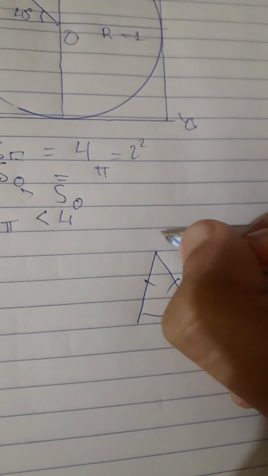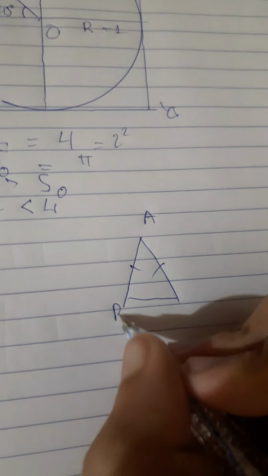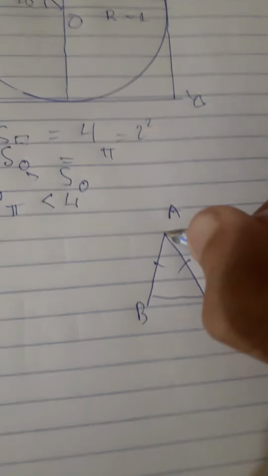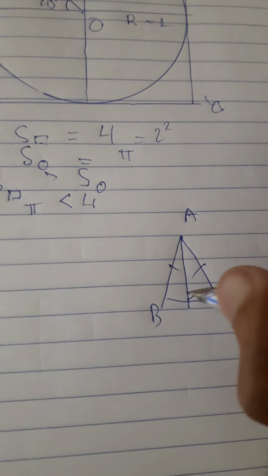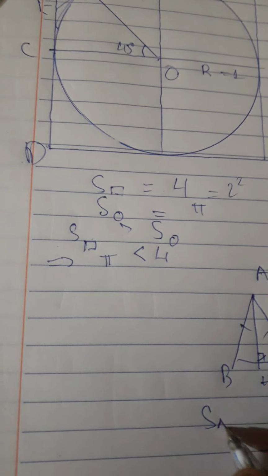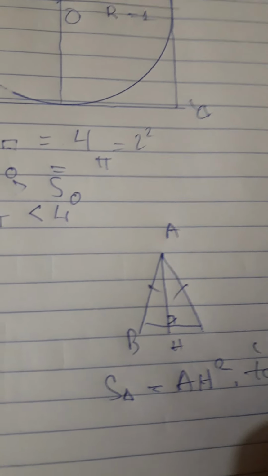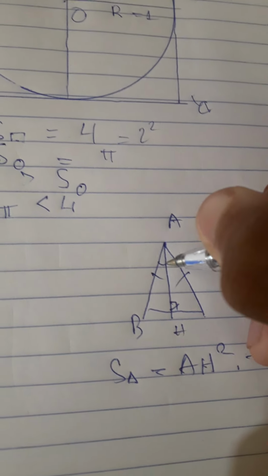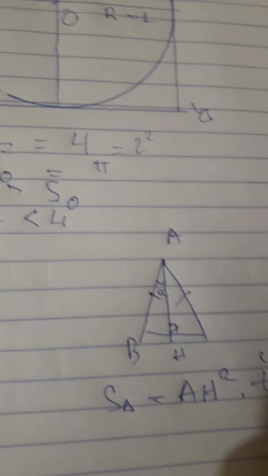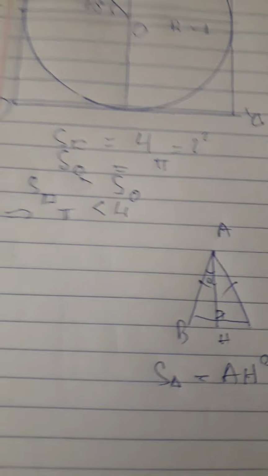And if you have an isosceles triangle, which I'm just gonna label ABC here, and you have the height of that, AH, the area of that is always equal to AH squared multiplied by the tangent of this angle here, alpha. Why?